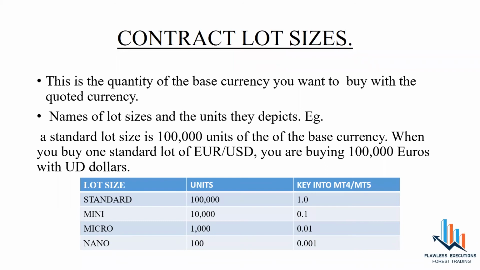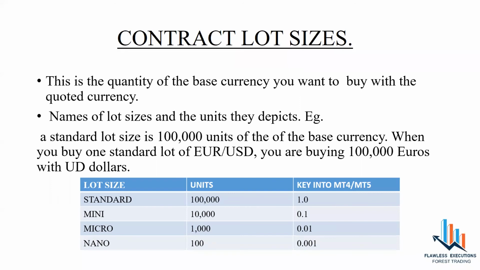And we want to also know that the pound here will be the base currency, and the USD will be the code currency. So buying 100,000 units means we are buying 100,000 units of pound using dollars.